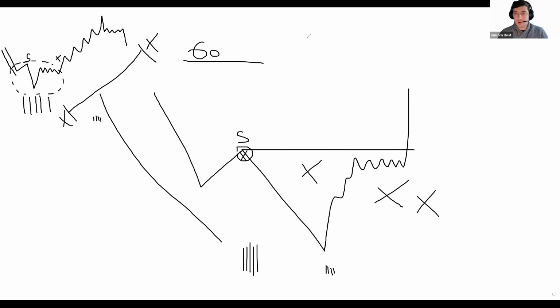Okay. So let's assume that prices are here right now and it's doing all this at the moment. And let's assume that a trap happens. Now, what type of a trap is this? Type 1, type 2, type 3?